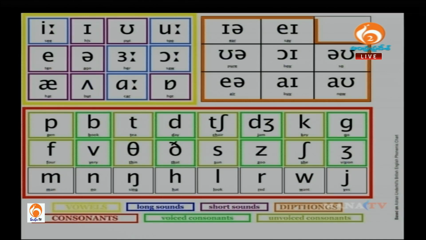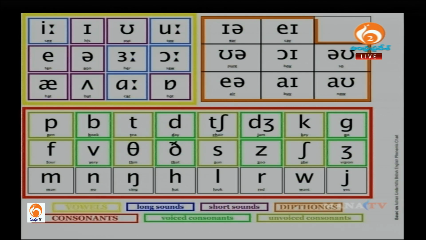And we have a sound H, so there is no vibration. We have a sound L, we have a sound R, we have a sound W, and then we have the letter J, but the sound is Ya. So looking at the slide, the letter J gives us the sound Ya, because like we already have discussed, English is a non-phonetic language.